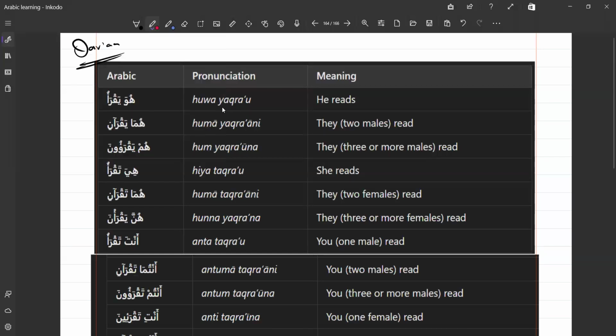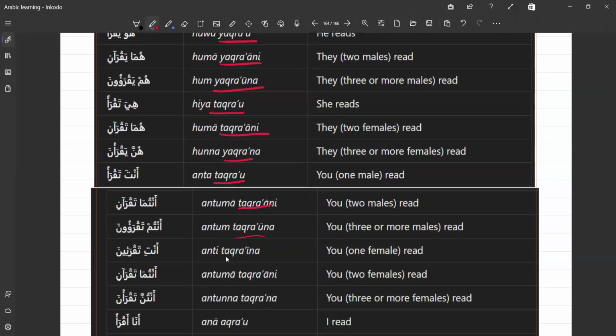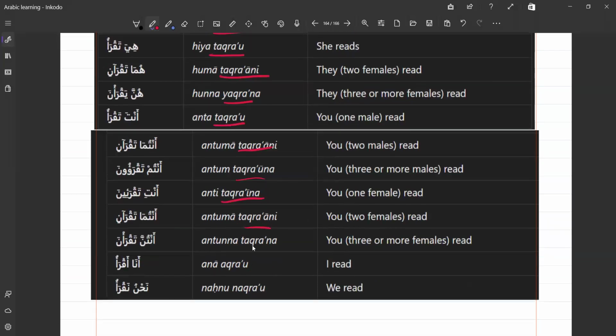Starting with yakrau, yakraani, yakrauna, takrau, takraani, yakra'na, takrau, takraani, takrauna, takraina, takraani, takra'na, then akrau, nakrau.